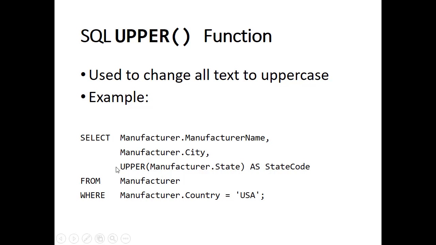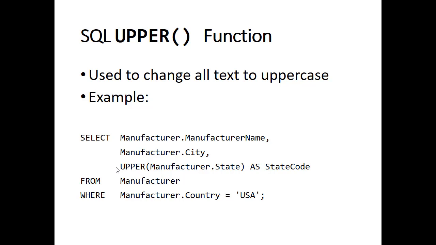And so I can use the upper function, which you see in the third row of my query results. Upper is the name of the function. It's written in all caps because it's a SQL keyword. And then inside of the parentheses is the field I want to change to uppercase. I want to change the state field from the manufacturer table. Again, I want to give this an alias of state code in this example so I don't see a cryptic function heading in my query results.